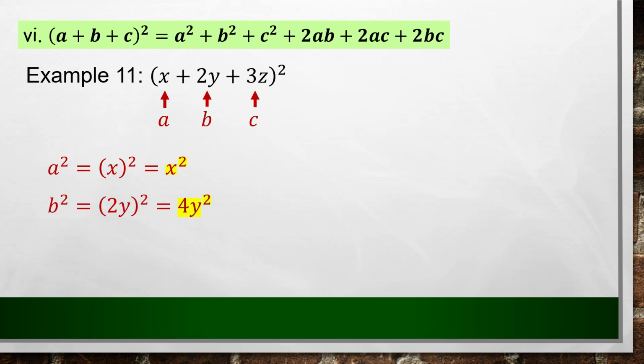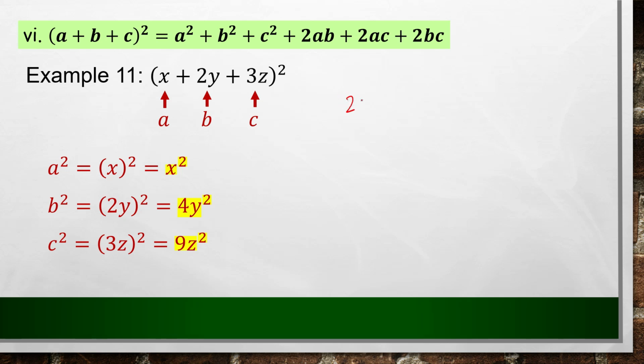For the b, that will be 2y, you square that 2y, that will be 4y squared. And then for the c, you square the c, which is 3z. That's correct, 9z squared.